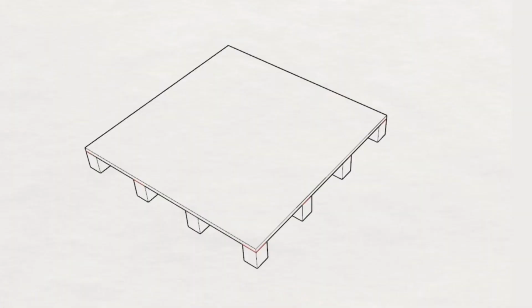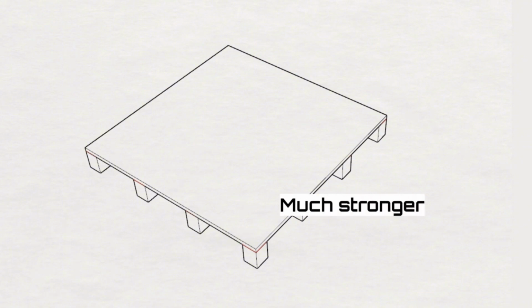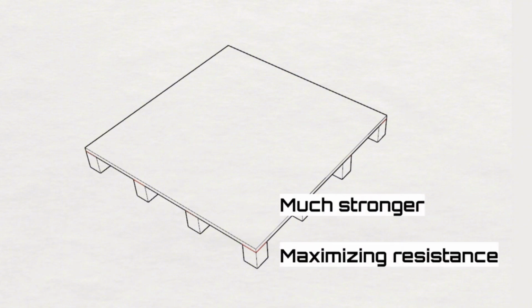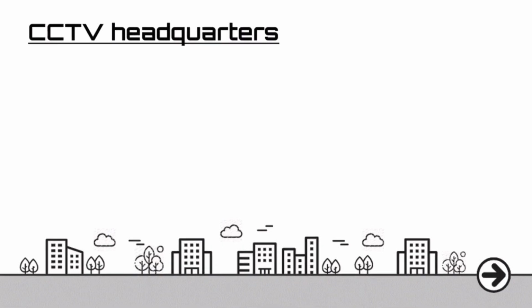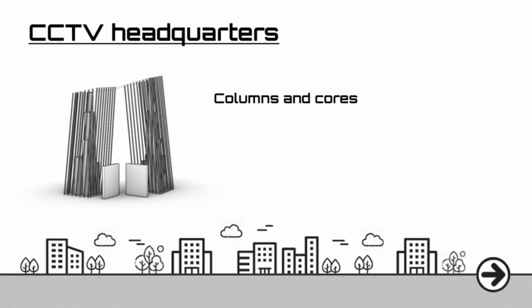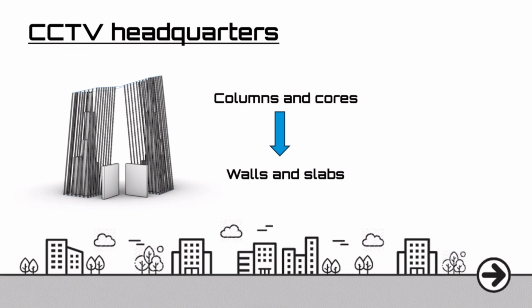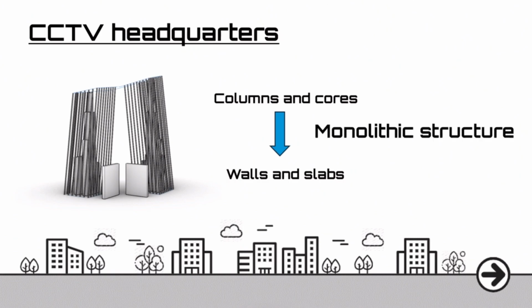This hardened concrete structure is much stronger than the divided structure, maximizing resistance to external loads. At the construction site of the CCTV headquarters, columns and cores were erected and walls and slabs were continuously poured to use the monolithic structure.